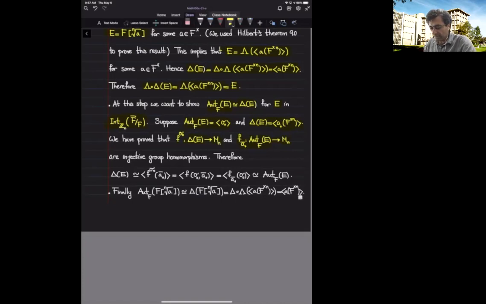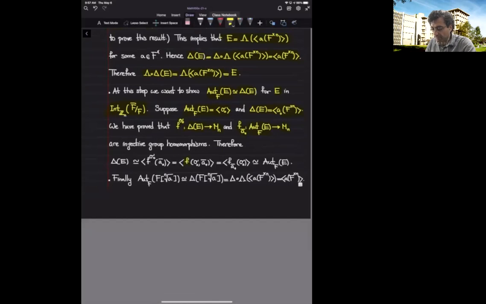Now, this cyclic group is generated by A naught bar, and this cyclic group is generated by sigma naught. So the image of F sub sigma naught is generated by the Kummer pairing of the pair sigma naught and A naught bar. Similarly, when I look at this one, the image is generated by applying this group homomorphism to a generator of the domain, which means when I apply it to sigma naught, I get a generator of the image.